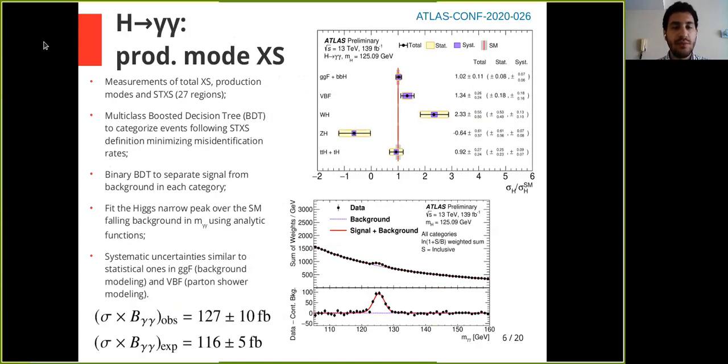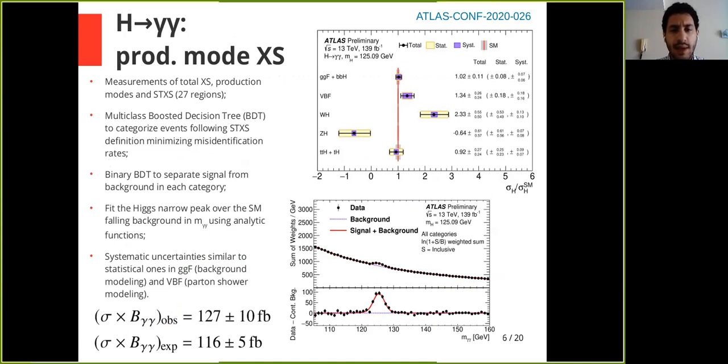The first set of measurements that I'm going to present were performed in the gamma-gamma channel. Here we measure the total production cross-section, the cross-sections of the five main production modes, and also 27 STXS.